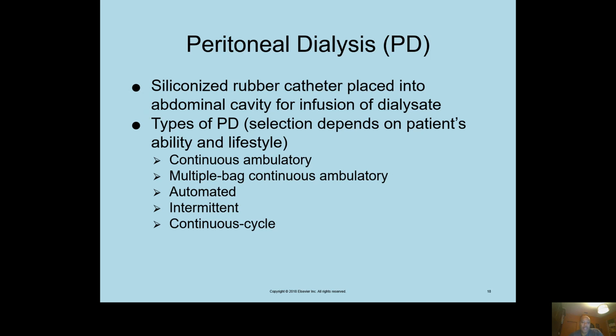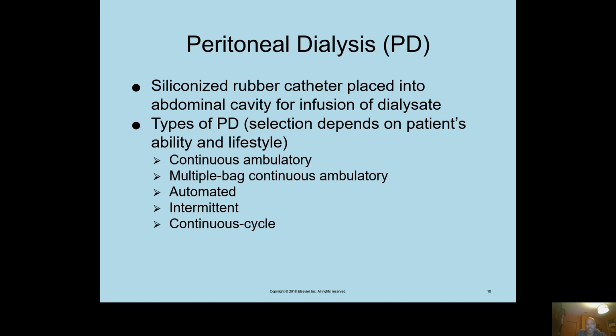The peritoneal membrane is large and porous, allowing particles and water to move from areas of higher concentration to lower concentration in the dialysis fluid. Again, that diffusion and osmosis process.